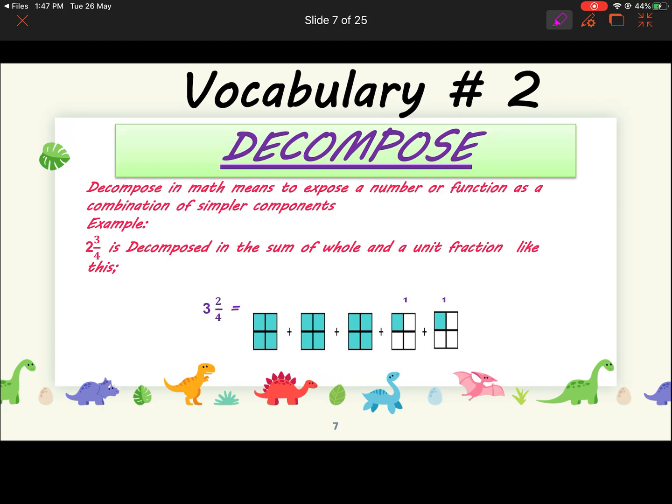Now see vocabulary number 2, decompose. Decompose in math means to express a number or function as a combination of simpler components.